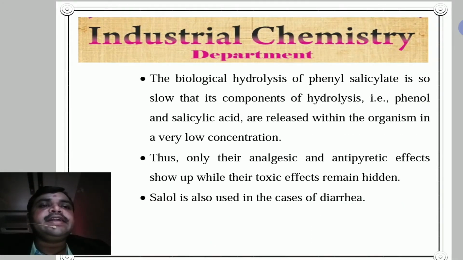The biological hydrolysis of phenyl salicylate is so slow that its hydrolysis components, phenol and salicylic acid, are released within the organism in a very low concentration. Thus, only their analgesic and antipyretic effects show up while their toxic effects remain hidden. Salol is also used in case of diarrhea.